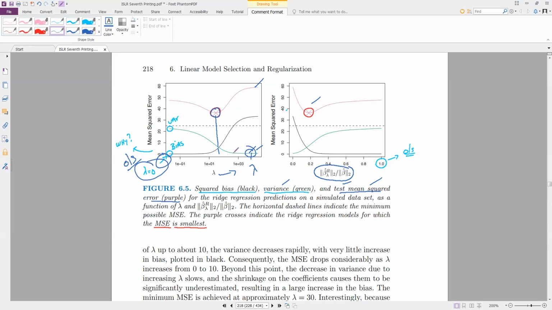And likewise, selecting a model over here where the bias is really low is not necessarily that great because your variance is still high, which results in the mean squared error still being very high.